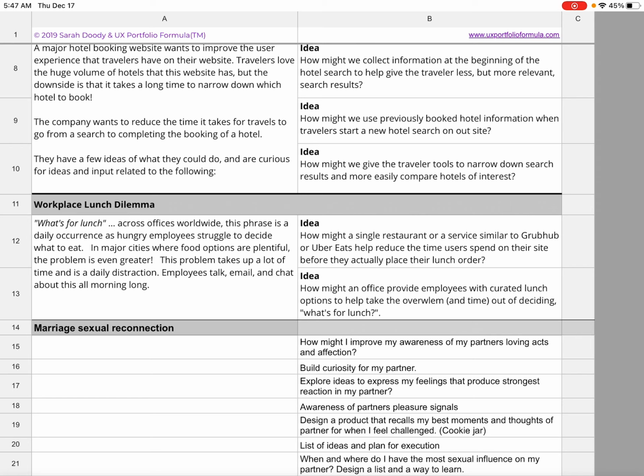So how might I improve my awareness of my partner's loving acts and affection? Part of the problem with like 13 years is you start to get less aware of certain things about your partner. You know how they do things, and you get into a pattern, but it makes you less aware of the feeling and the meaning behind the pattern.